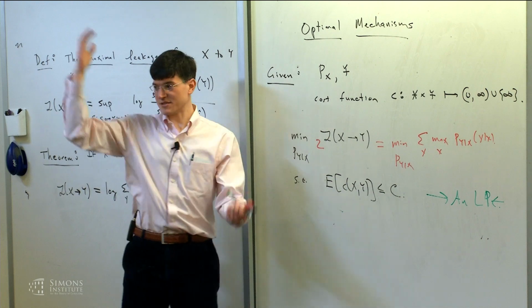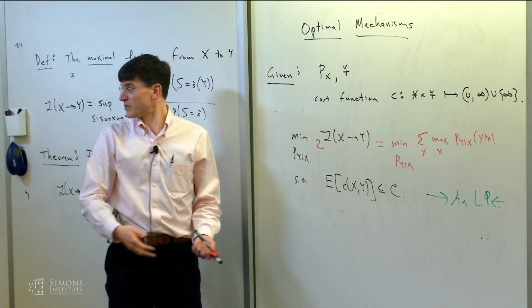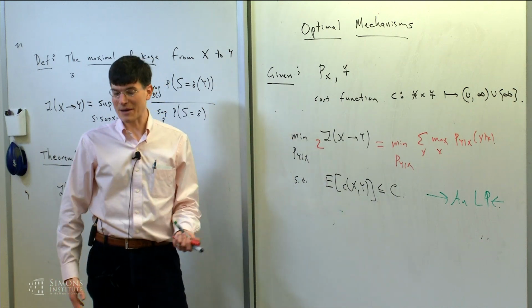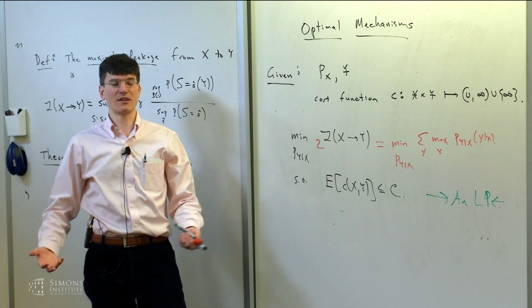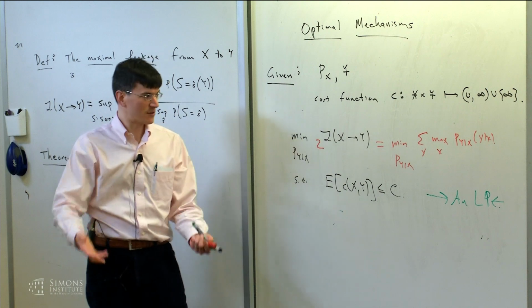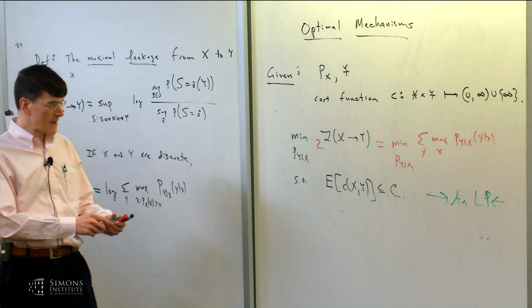So the alphabet for x ends up being really big, and the alphabet for y ends up being really big. You can solve this LP in principle, but the LP is huge. It may or may not run in a reasonable amount of time. Even if it does, you've got this huge P(y|x) matrix that you have to store, and you have to implement the randomness intrinsic in it every time you do the RSA decryption, so it's not clear this is really going to work.